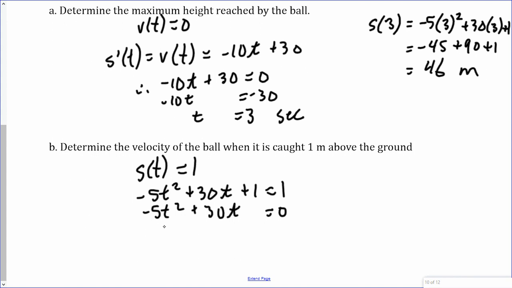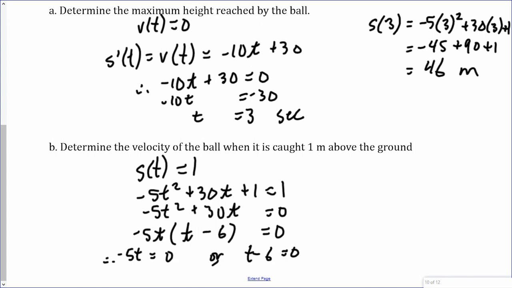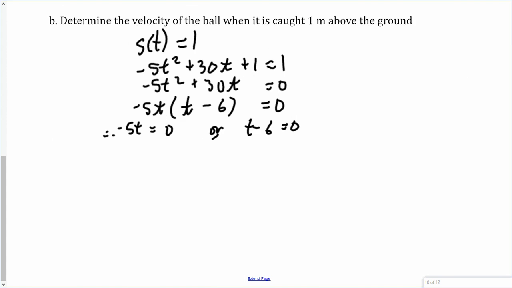So just get rid of my 1's. Looks like I can factor out a negative 5t. That would leave me with t minus 6. Just double check. Yep, good. So negative 5t equals 0, or t minus 6 equals 0. So t equals 0 and t equals 6.